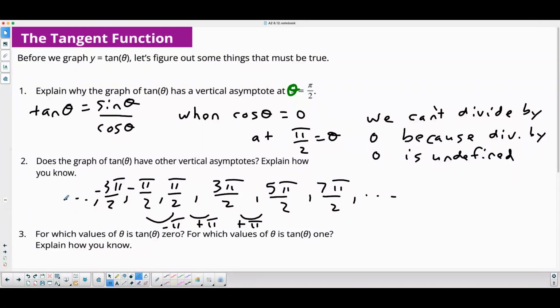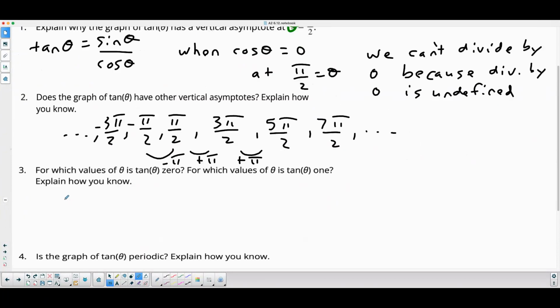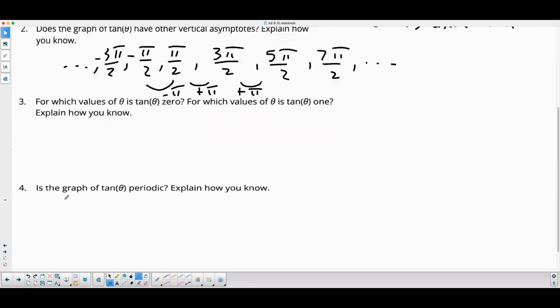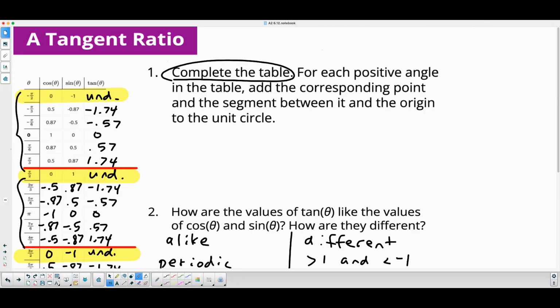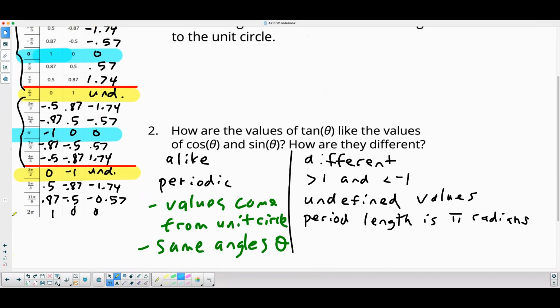For which values of theta is the tangent of theta 0? For which values is it 1? So go back to your chart again. Tangent theta equals 0. Let's see here. 0, pi, and if you go down, it's also at 2 pi.